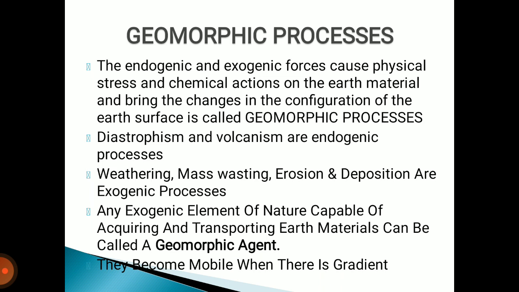All right, let's look into what the geomorphic process basically is. The two processes that we talked about, endogenic and exogenic forces, cause physical stress and chemical actions on the earth's material and bring changes in the configuration of the earth's surface, and that is known as the geomorphic process.